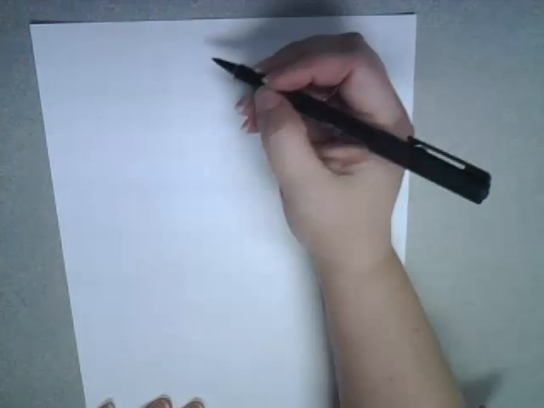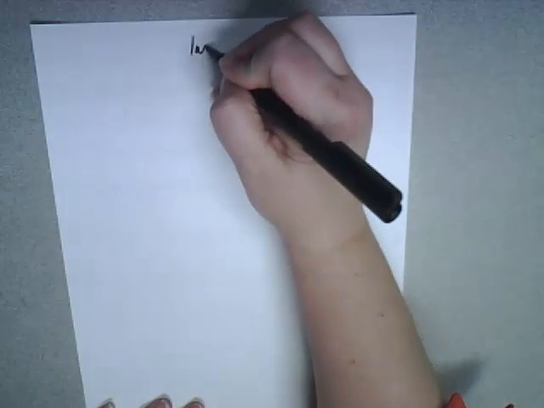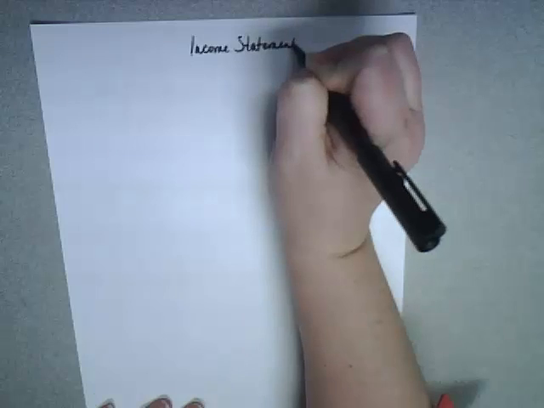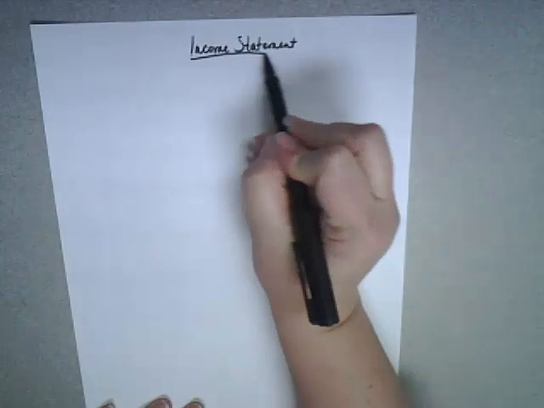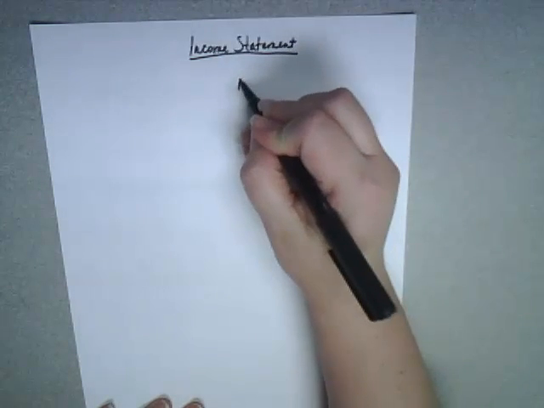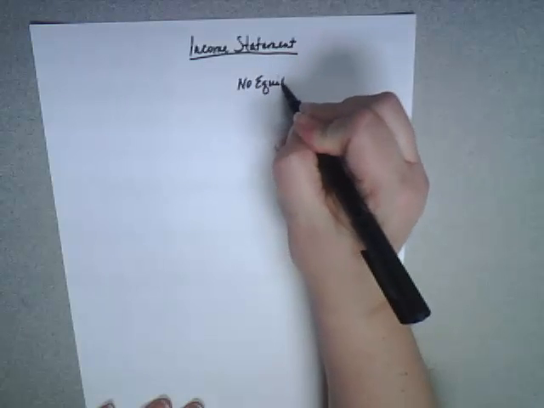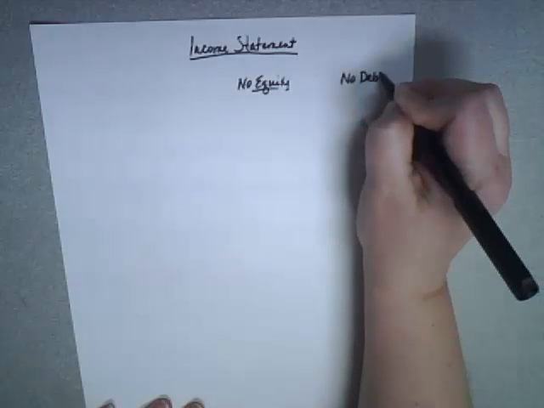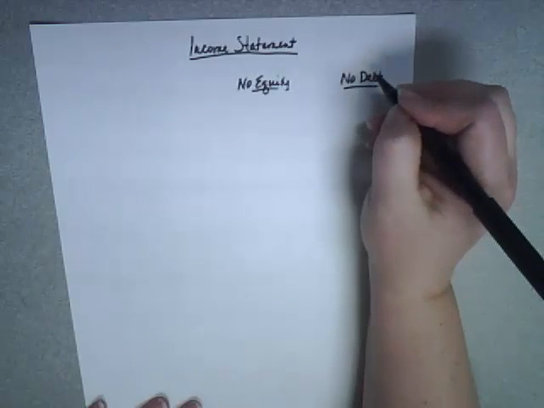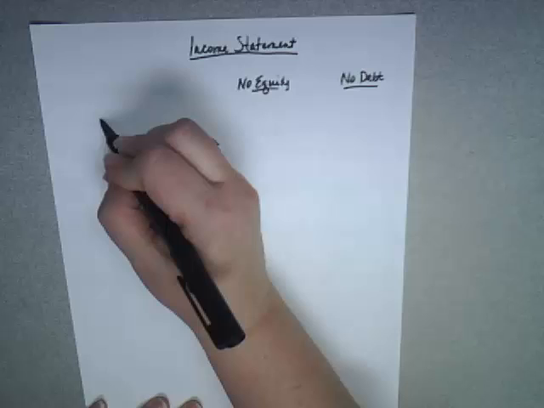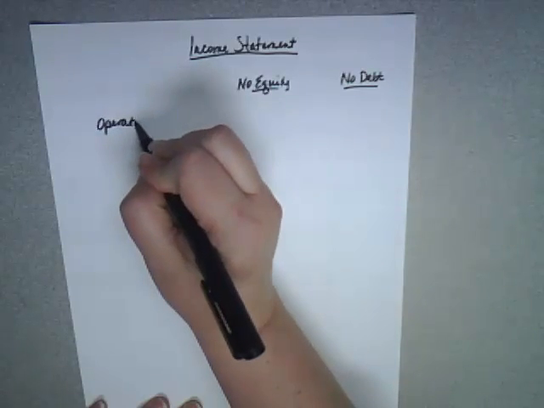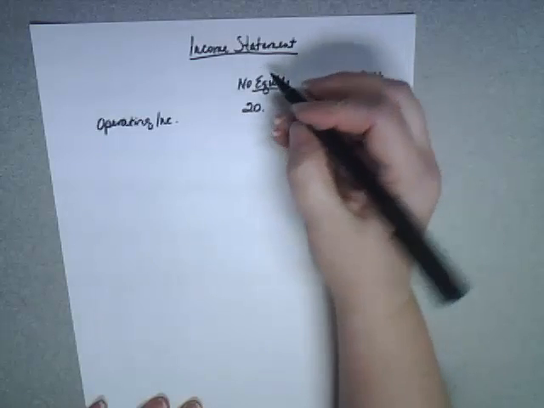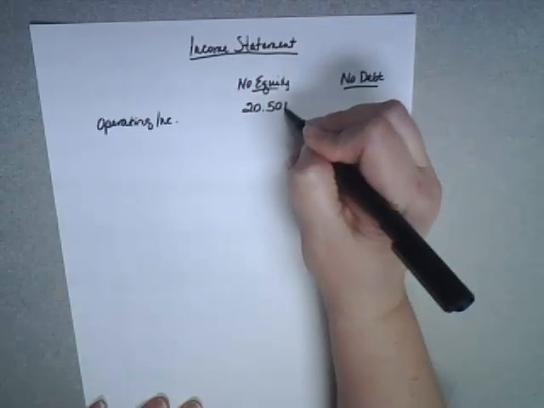So if we just set it up as a partial income statement, we've got No Equity here, and then we have No Debt here. All right, so we know that both sides have an operating income of 20.5 million.